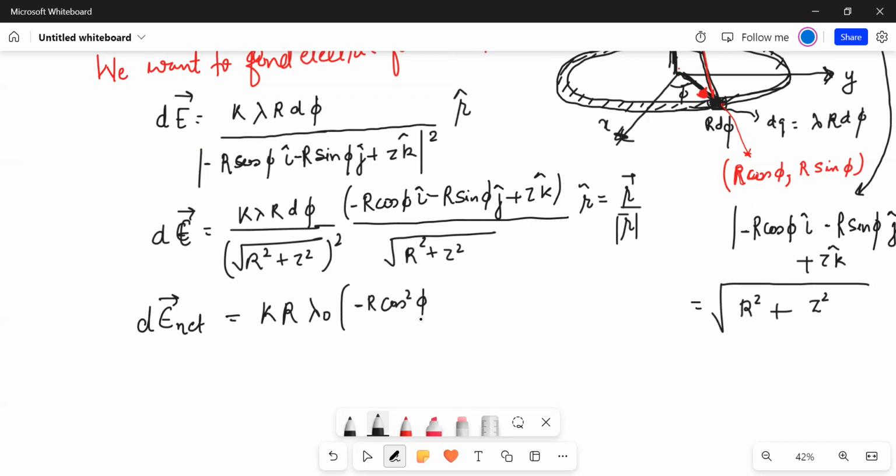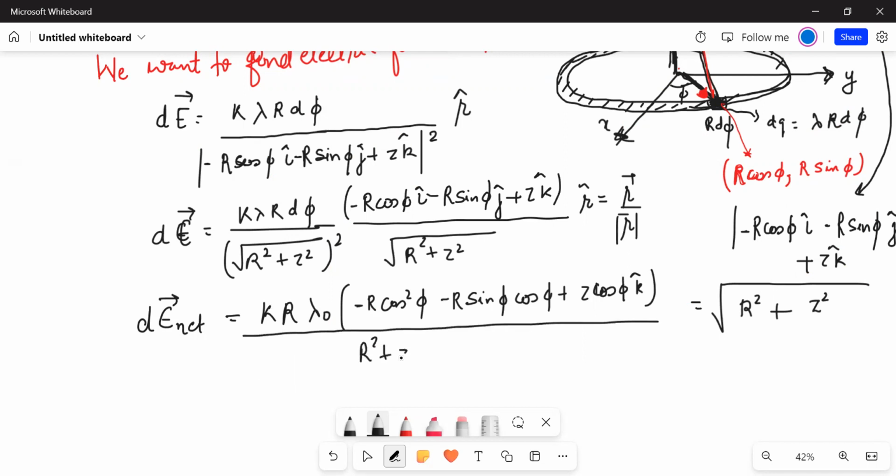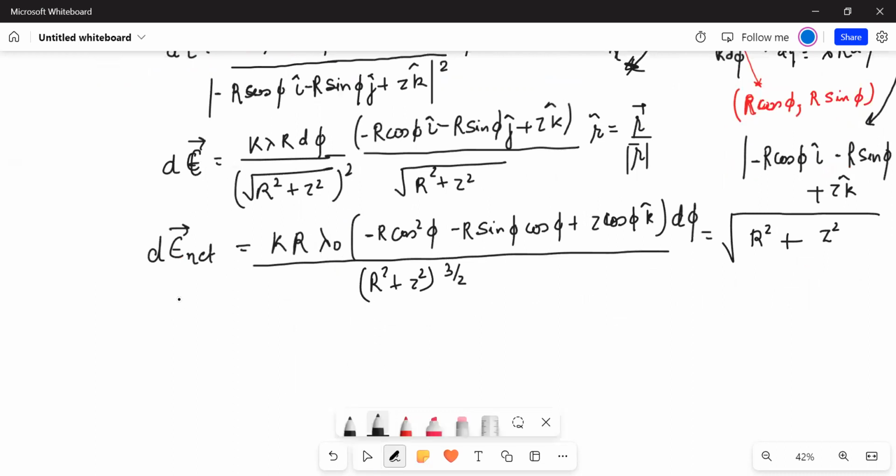This will be cos²φ minus r sin φ cos φ plus z cos φ k cap, divided by r² + z², and there would be dφ as well. I forgot the dφ. And this will be raised to power 3 by 2, because r² + z² into root over r² + z² will be (r² + z²)^(3/2). If I want to integrate, I'll integrate it.